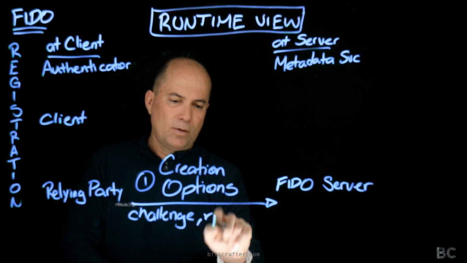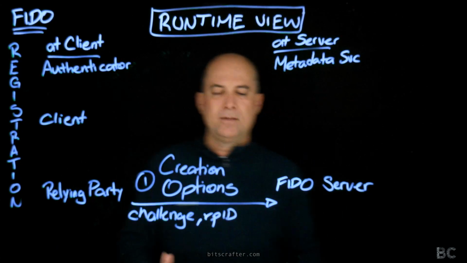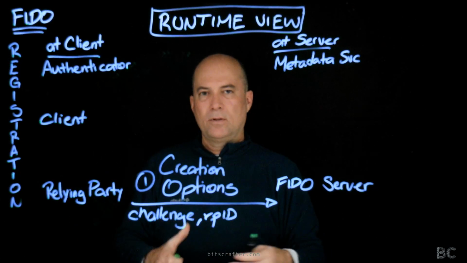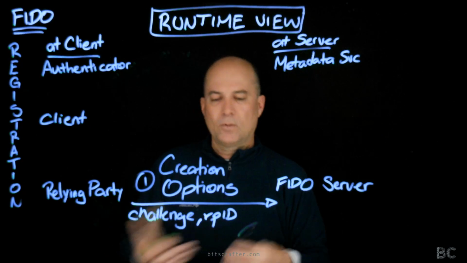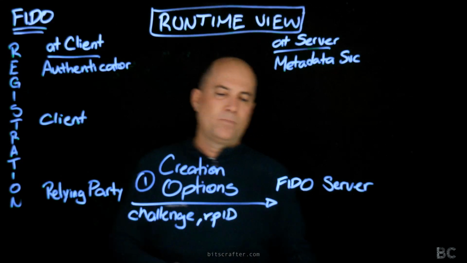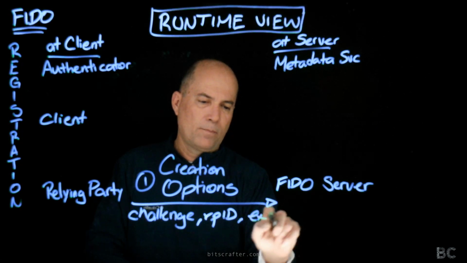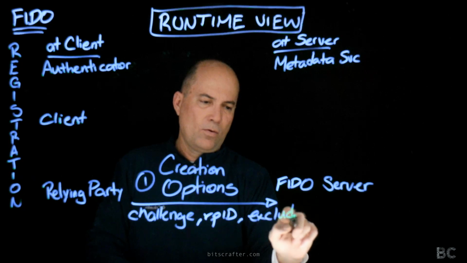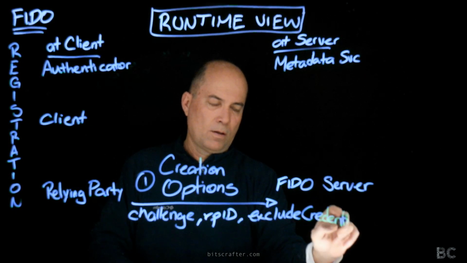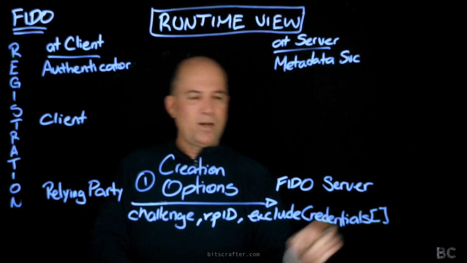Another parameter is the RP ID, which is nothing but the domain name where the FIDO credentials are going to be created. So this domain is going to be bound to the FIDO credentials. Another parameter, exclude credentials. This is an array of IDs.